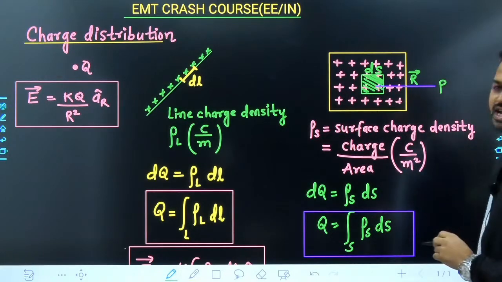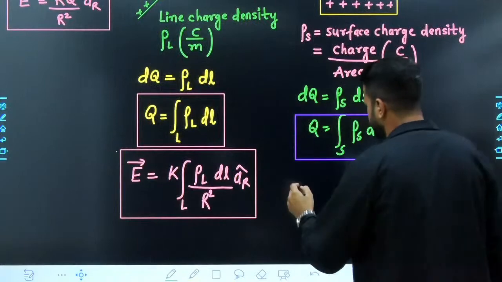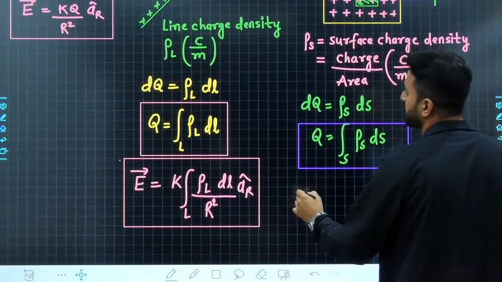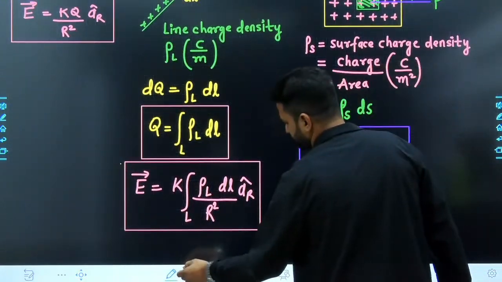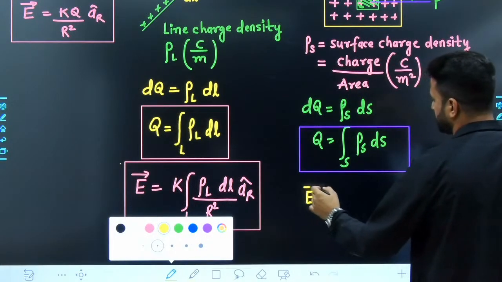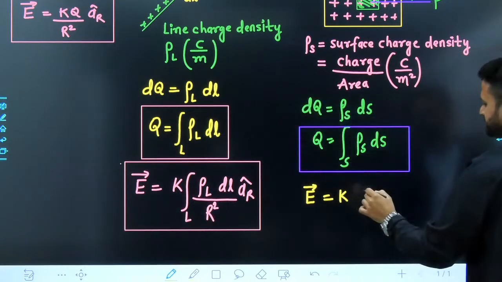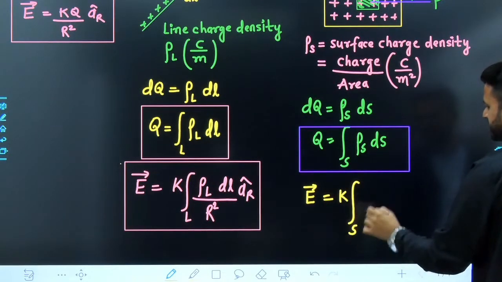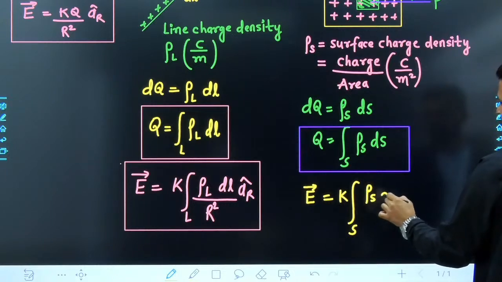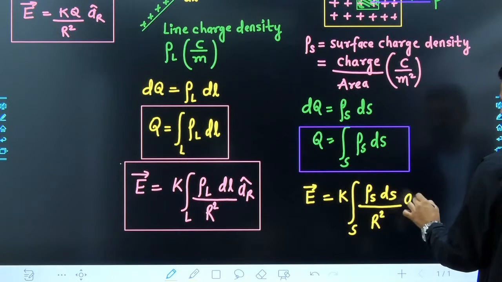Then E is equal to K into the integration over the surface of rho s into ds divided by r square into ar cap.